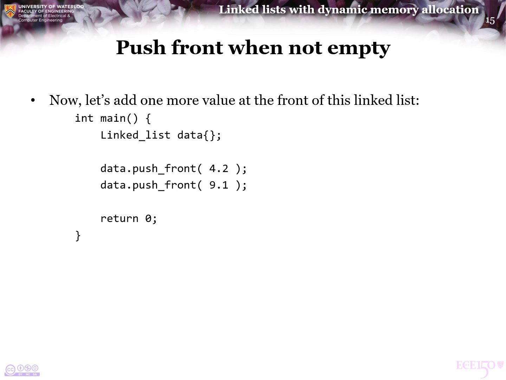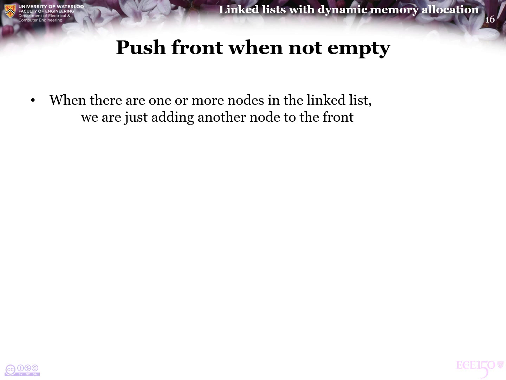Now let's add one more value to the front of this linked list. So we've pushed 4.2, now we want to push 9.1. If we are adding a new node to the front of the linked list, it really doesn't matter whether the linked list currently has one node in it or more than one node, because the act of adding a new node to the front of the linked list really only affects the list head.